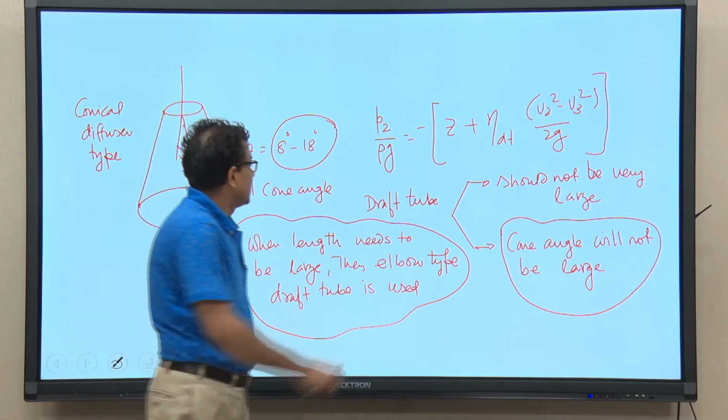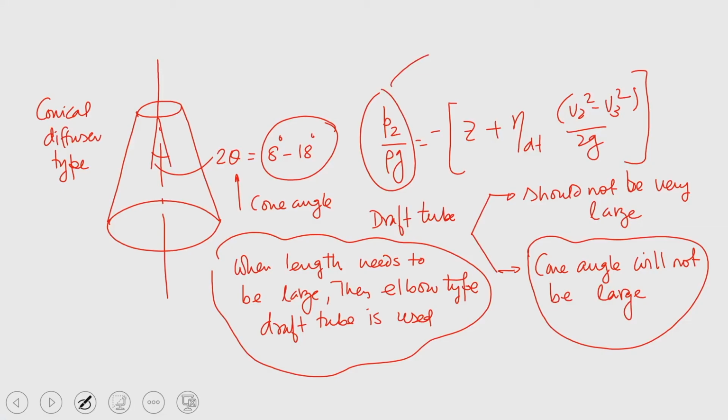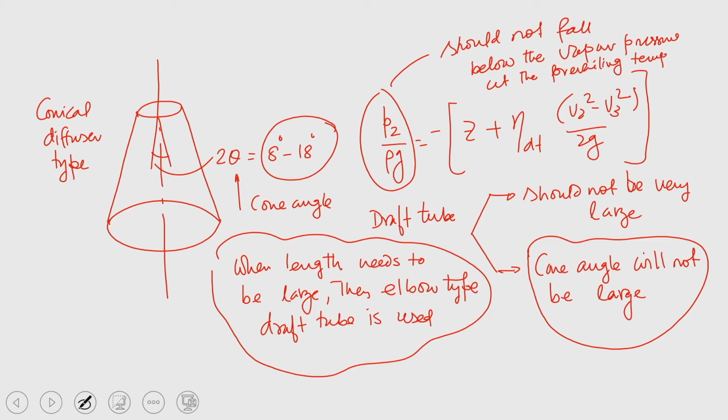What you have understood is that this P2 by rho g should not fall below the vapor pressure at the prevailing temperature of the working fluid.